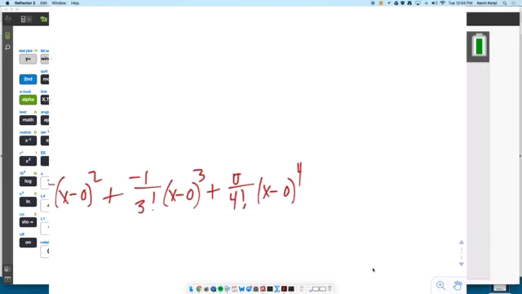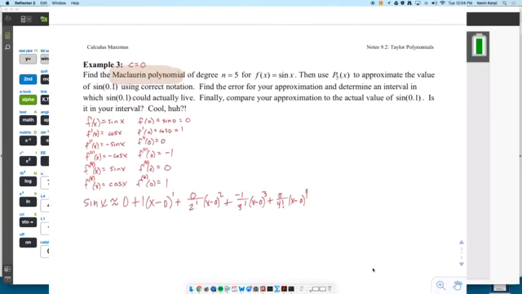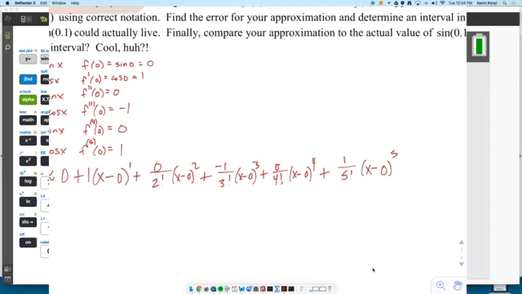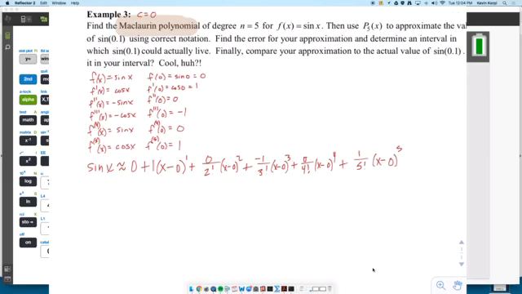And then finally, the last term, we're on the fifth derivative line. It's going to be the fifth derivative, which is 1 over 5 factorial times x minus the center to the fifth. So notice this is just using these numbers. The coefficients are the derivative divided by n factorial times x minus the center to that number.